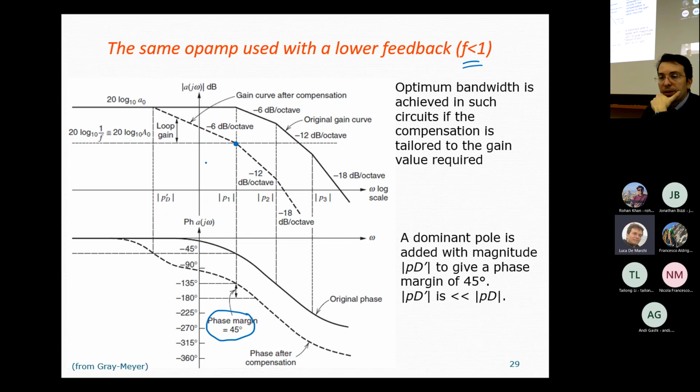So in this case, we can repeat the same concept. The idea is that A null times PD must be equal to 1 over f times P1.